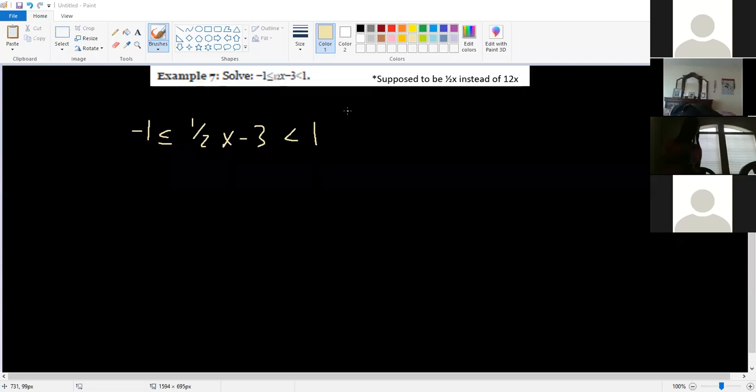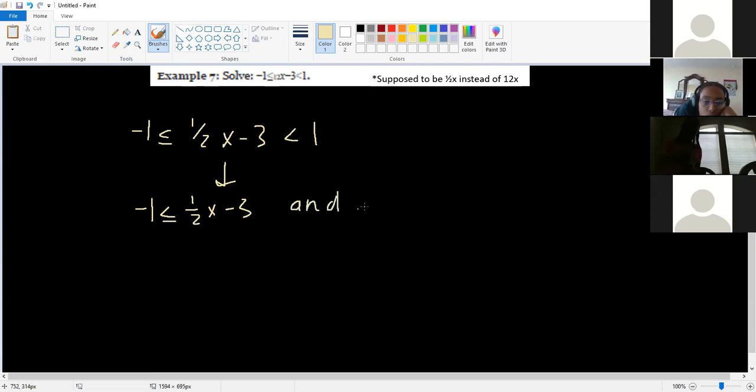First, I split the inequality. You can do it that way as well. That's good. So what did you split it into? -1 is less than or equal to 1/2 x minus 3, and then 1/2 x minus 3 is less than 1.